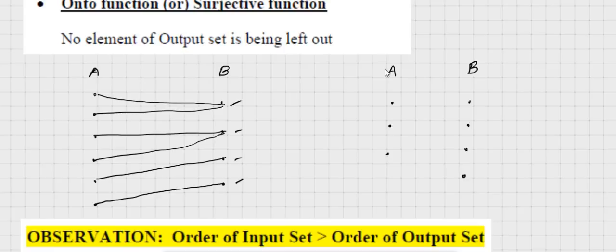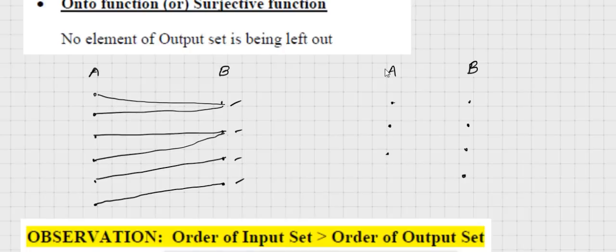Is there any possibility for an onto function here? Not at all possible. Why? Because the output set has 4 elements, so I need a minimum of 4 elements here to satisfy the definition of a function itself.